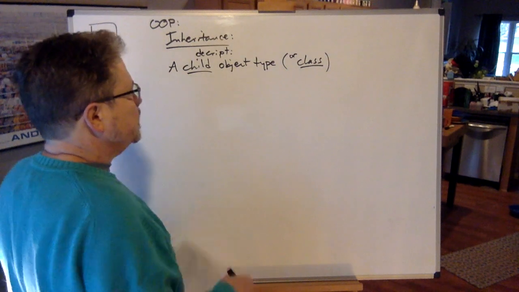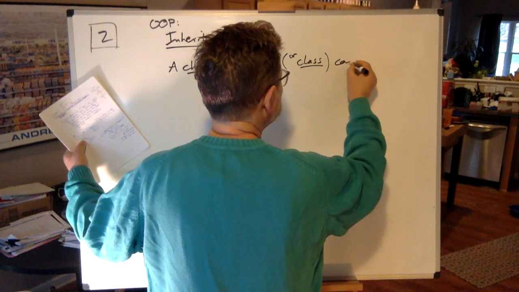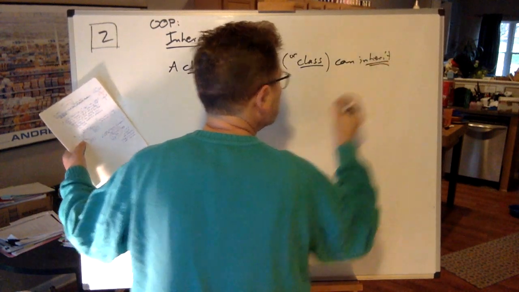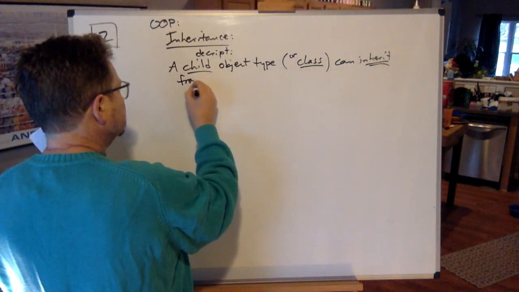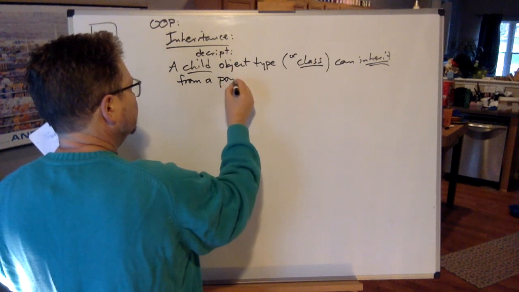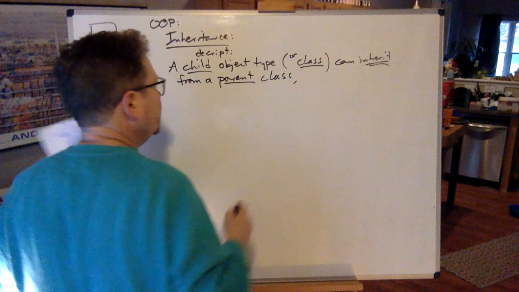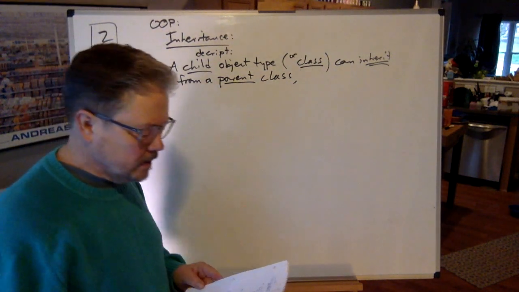So a child object type or a class of objects can inherit, keyword here, can't yell everything, but I'll double underline that, can inherit from a parent class. Comma, because that much of it is just introducing terms that is absolutely not enlightening at all.